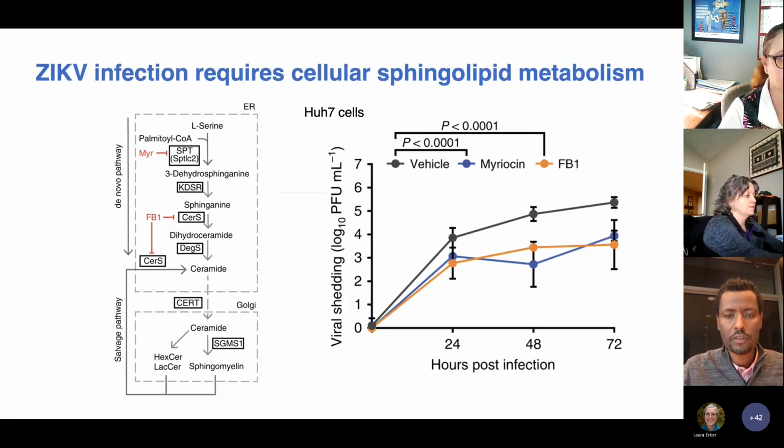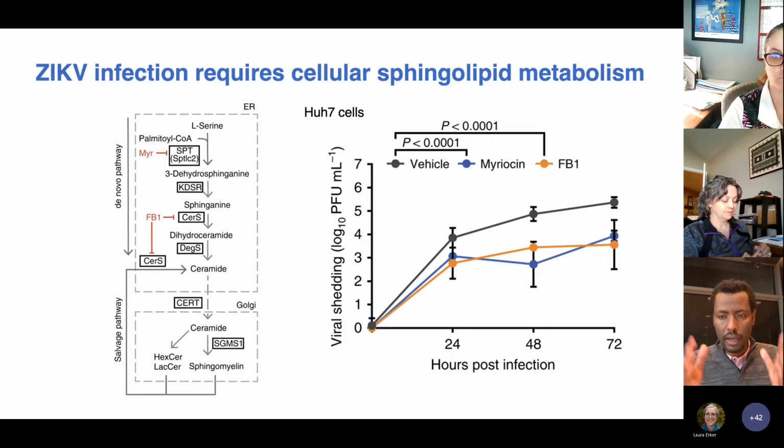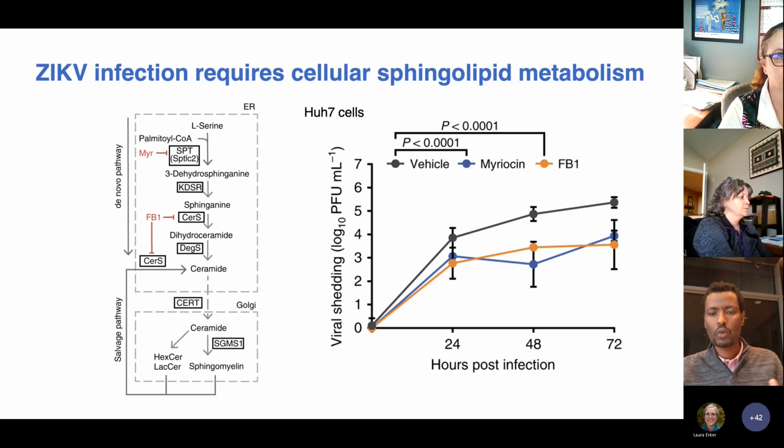So we treated Huh7 cells with myriocin and FB1, and we also have a vehicle control. And then we infected cells with Zika virus. After different time points, 24, 48, and 72 hours, we collected the supernatant and quantified the amount of virus in inhibitor-treated and control cells by plaque assay.